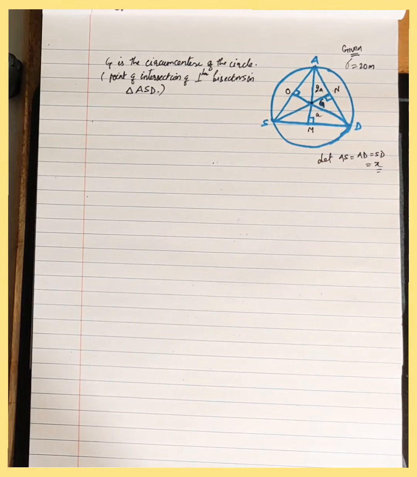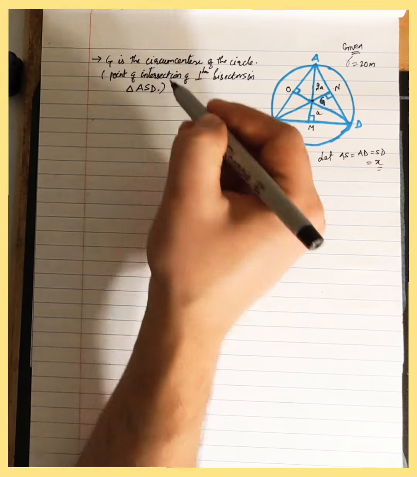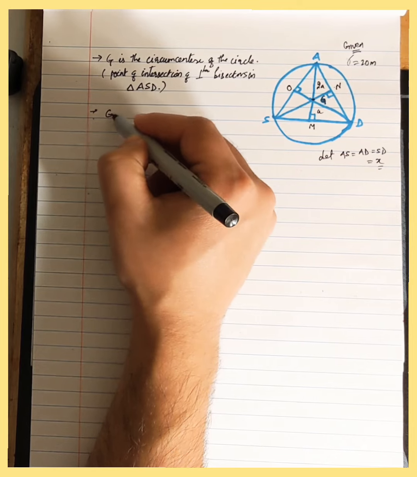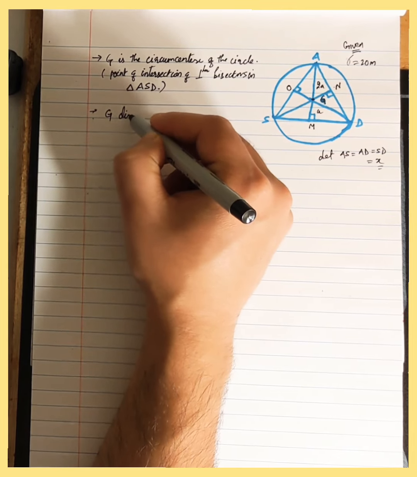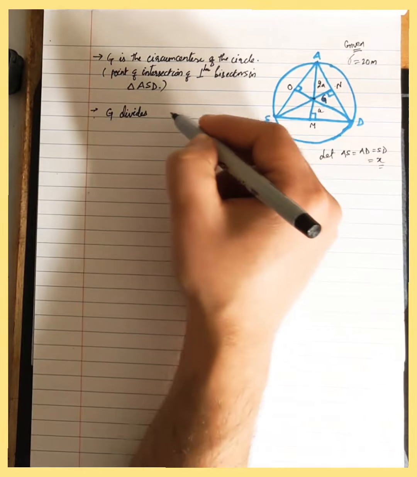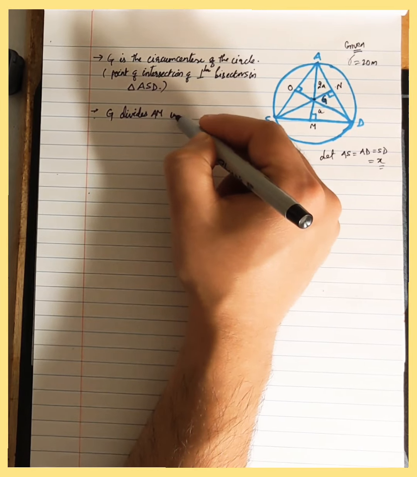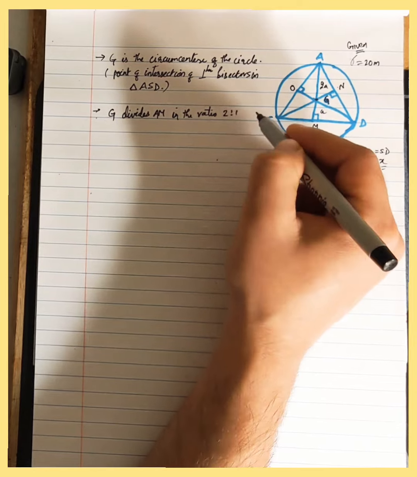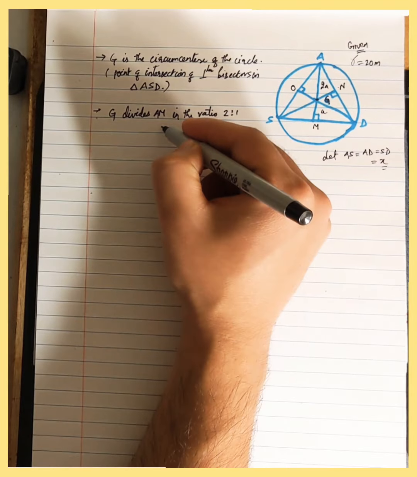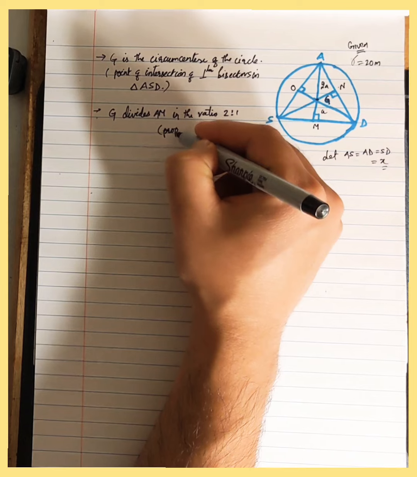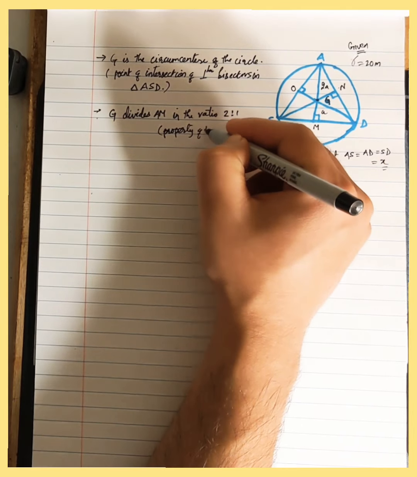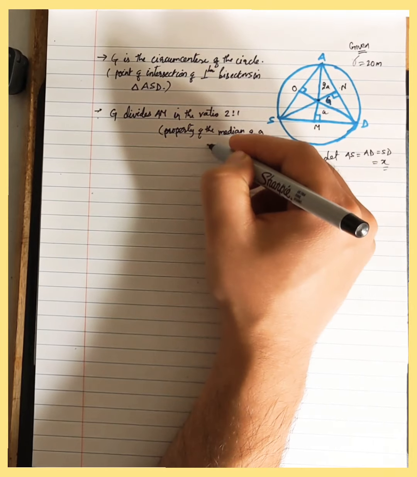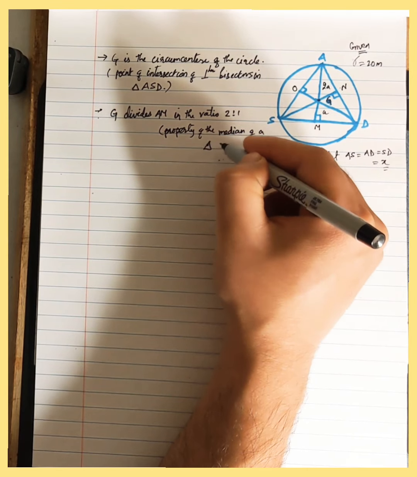Also we'll write down that G divides AM in the ratio 2:1, which is basically the property of the median of a triangle.